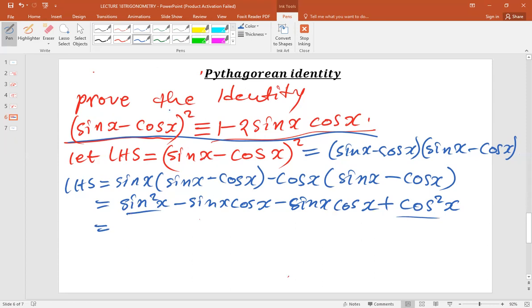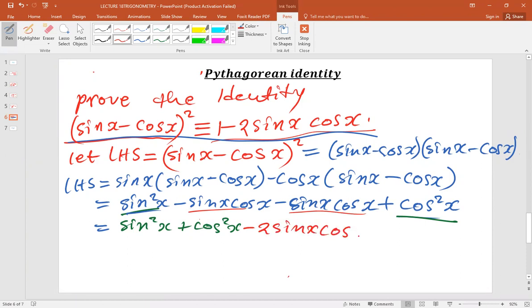So I'll pair sin squared x with cos squared x. And then the rest of the part, I'll add, because this one and this one can add. So I'm going to add the remaining part, which is just going to be negative 2 sin x cos x.